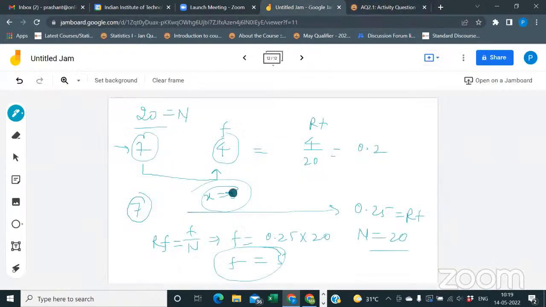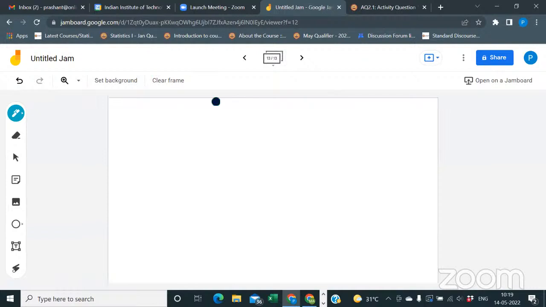According to the data, when you don't know the value of X, the relative frequency of 7 is 0.2. It is asking, if the relative frequency of 7 is 0.25, then what will be the value of X?